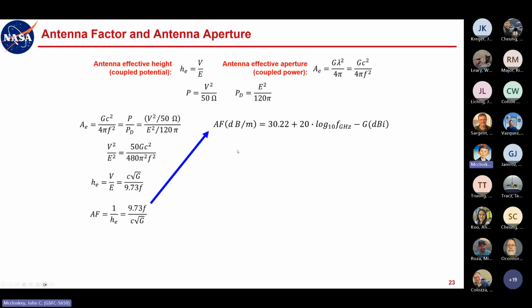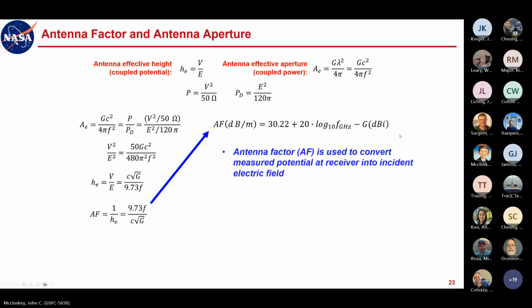But the theoretical antenna factor is given by 30.22 plus 20 log of the frequency in gigahertz minus the antenna's gain in dBi. So the antenna factor is used to convert the measured potential at the receiver into the incident electric field.